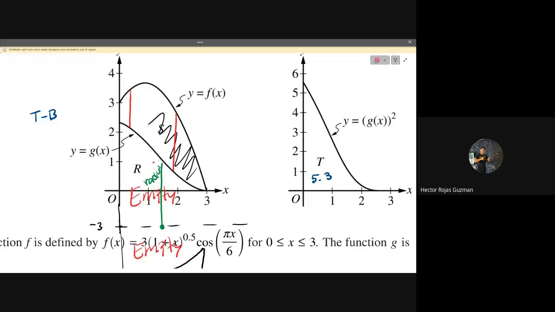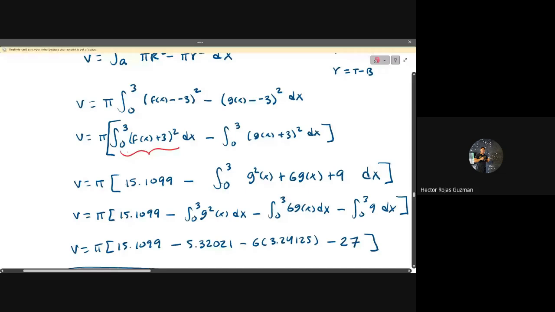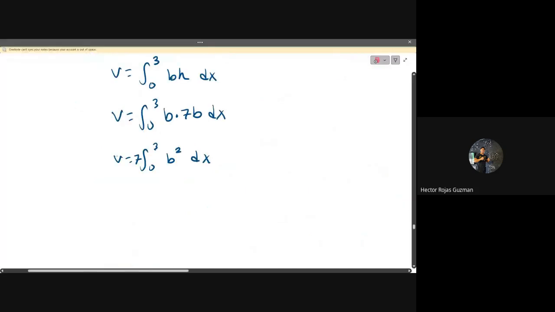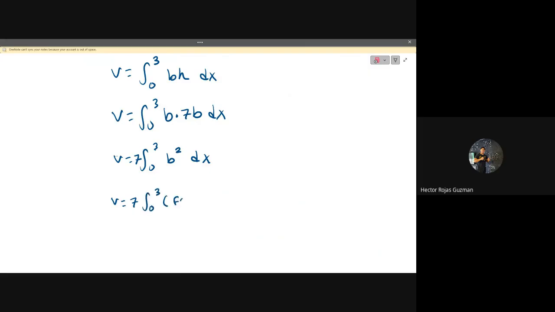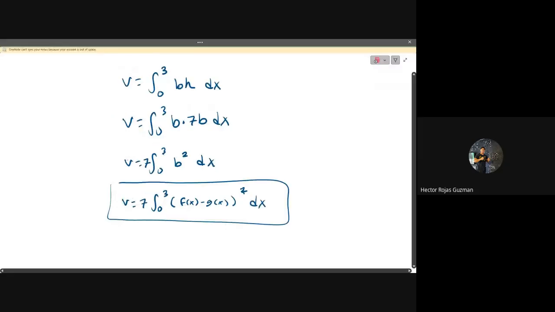F of x minus g of x. So the volume equals 7 times the integral from 0 to 3 of top minus bottom, f of x minus g of x, squared dx. We don't even have to evaluate it. We just leave it.